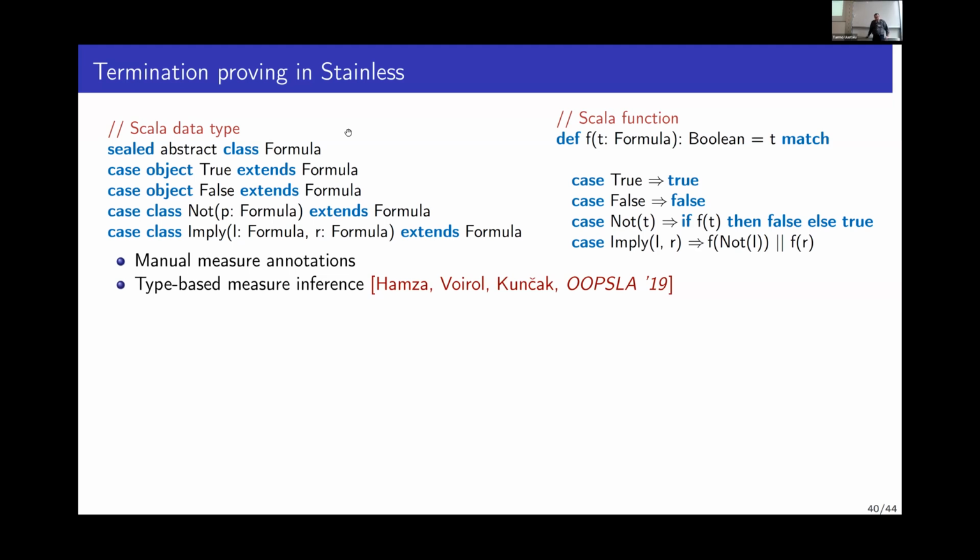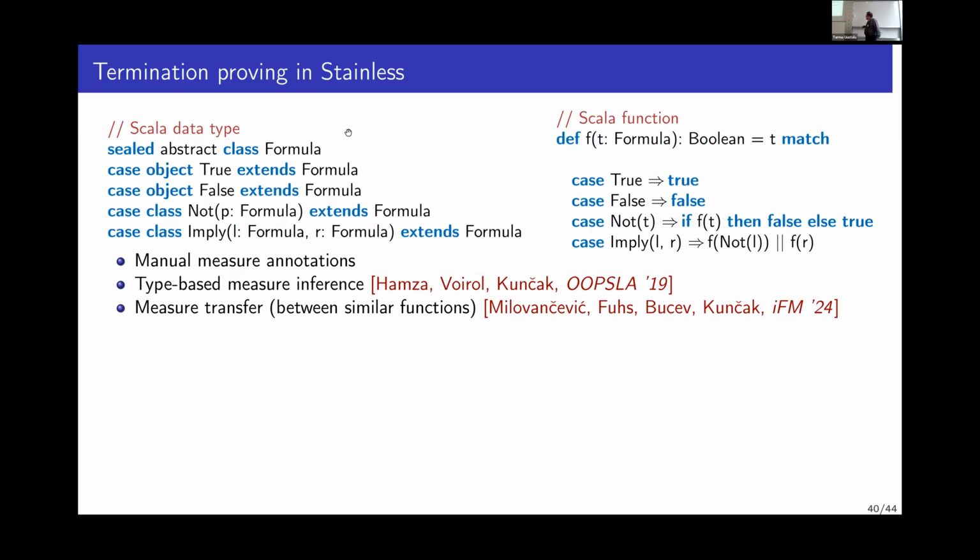Recently, a type-based measure inference was introduced to fill in this bit automatically. Very recently, we introduced a semi-manual approach called measure transfer. You take a similar-looking program for which you have such a decreasing measure, try to port it, and see whether the verifier swallows it.